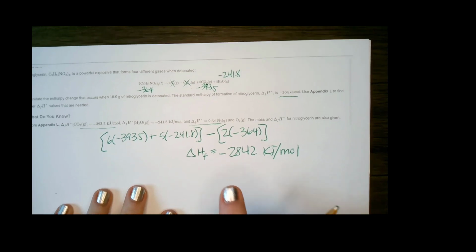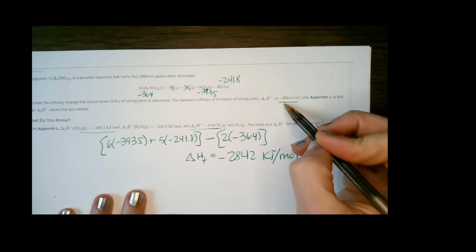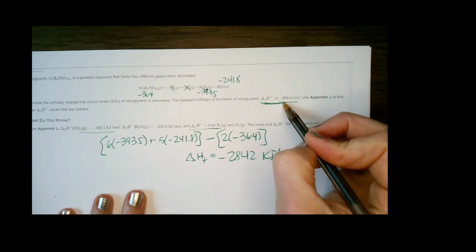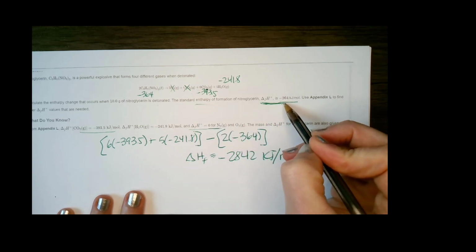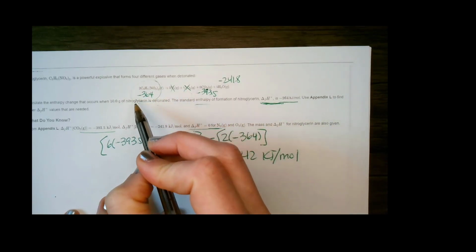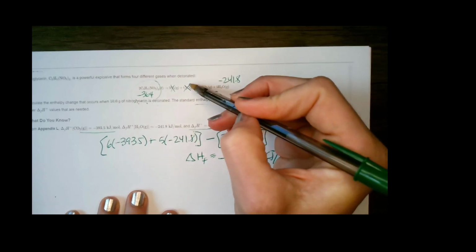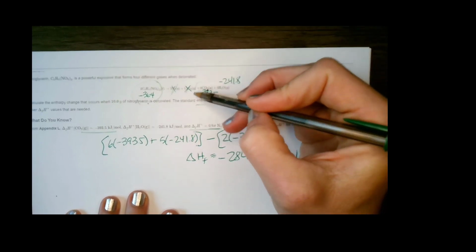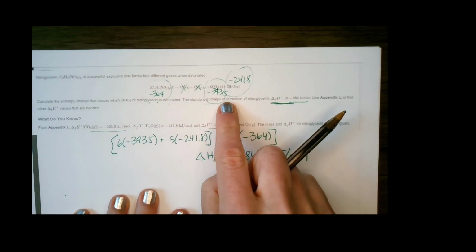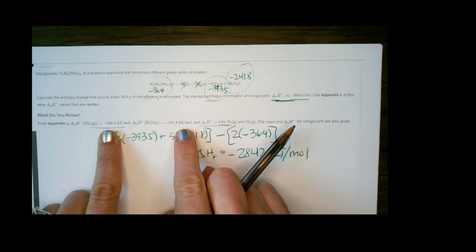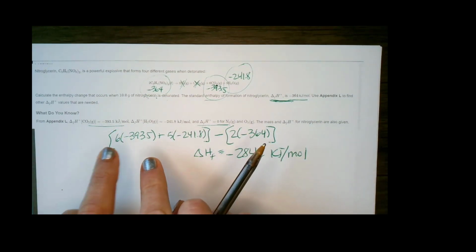Again, if I go back and look at what I just did, I was given delta H, the standard enthalpy of formation for my nitroglycerin. I know that my elements are always 0. For CO2 and H2O, we were given those, or we could have looked them up in the appendix. And then I did products.